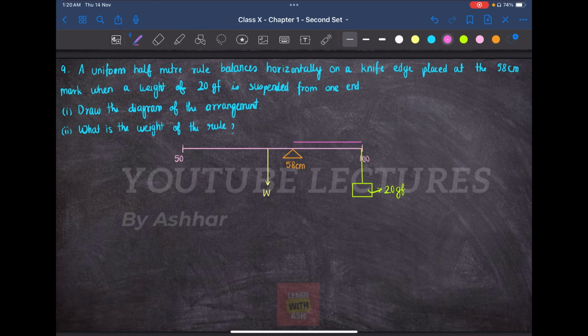This was 100 minus 58, so this was 42 centimeter. I know that 20-gram force has been kept at 42 centimeter distance from the pivoted point. What about this now? The weight must lie in between over here, so there is some sort of distance between these two.